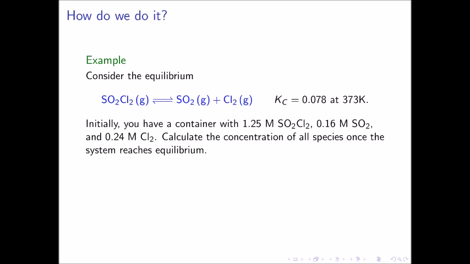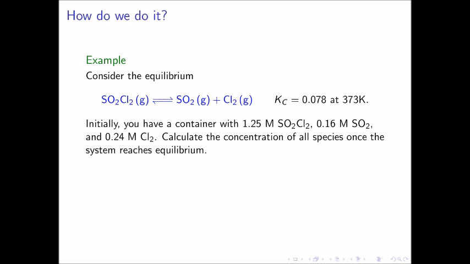Our example in this lecture is the decomposition of sulfuryl chloride, SO2Cl2. Consider the equilibrium, SO2Cl2 gas decomposing to SO2 gas plus Cl2 gas. At 373 Kelvin, the Kc value for this reaction is 0.078.